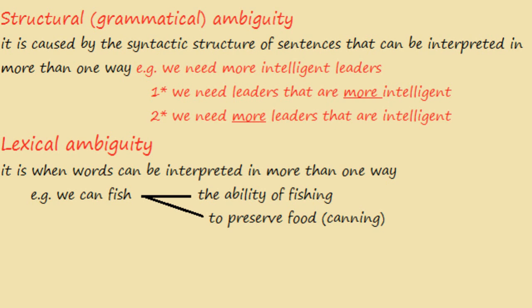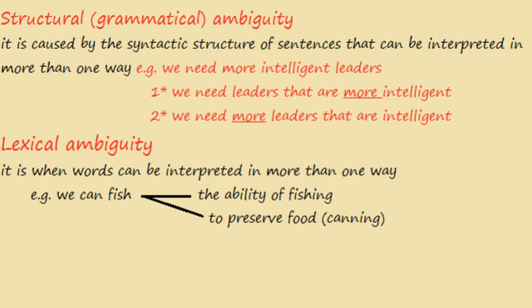The word can here might be a modal verb for ability, or it can be a verb from the word canning, right? The action canning means to preserve something inside a metal box, generally to preserve food.